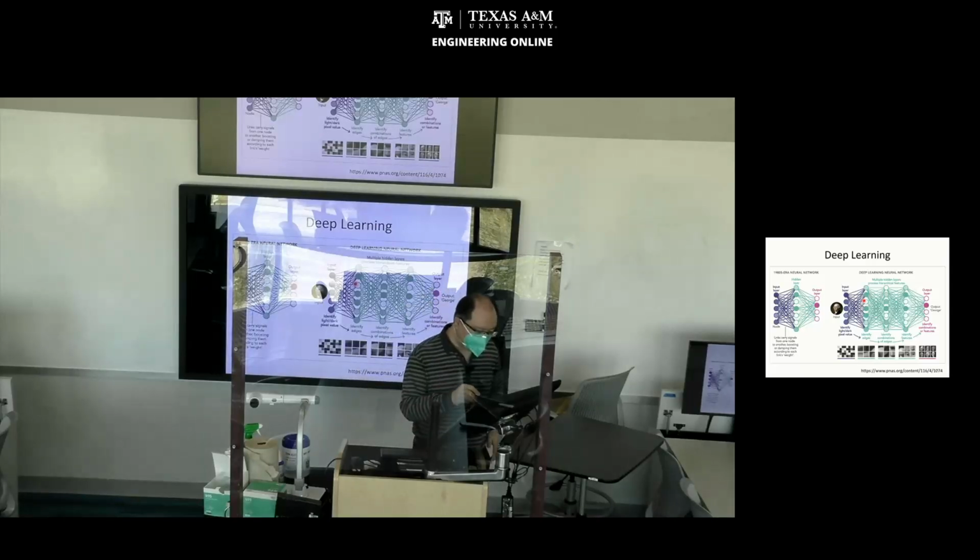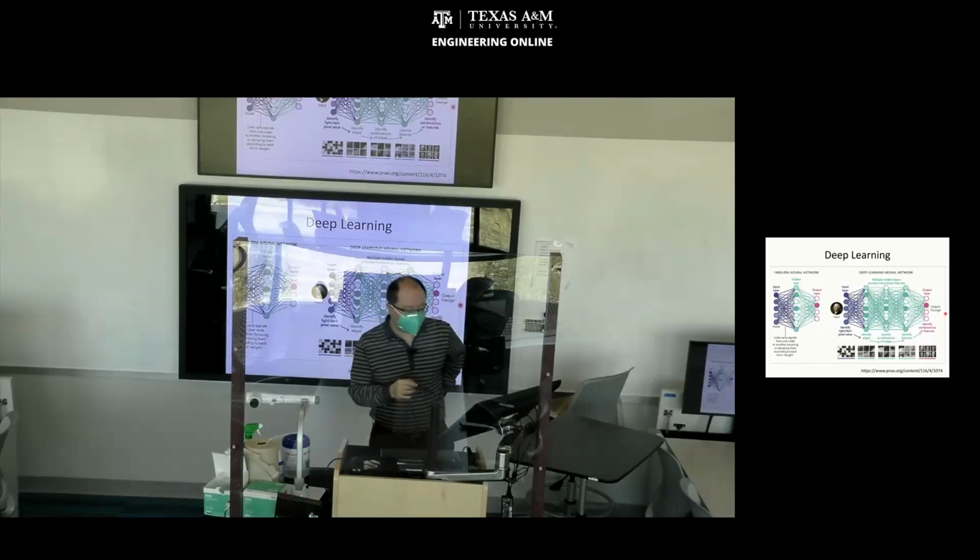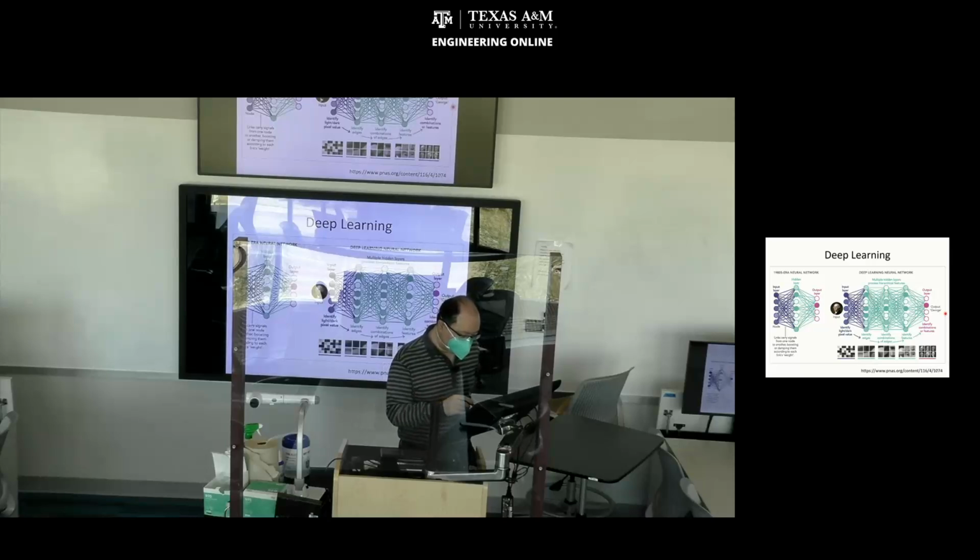In this example, this deep learning neural network is a computer vision kind of task, right? You have an image input, and the output is a classification of who this person is, right? George. So what's really interesting about this deep learning neural network is what parts or signals of the images are picked up by different layers.